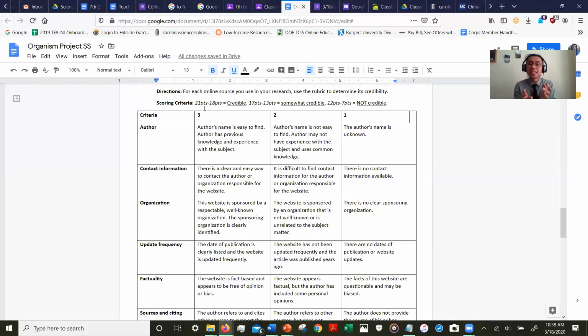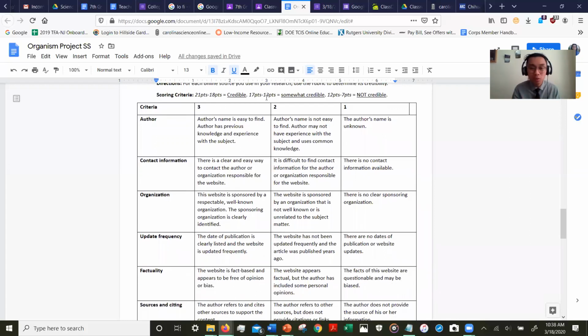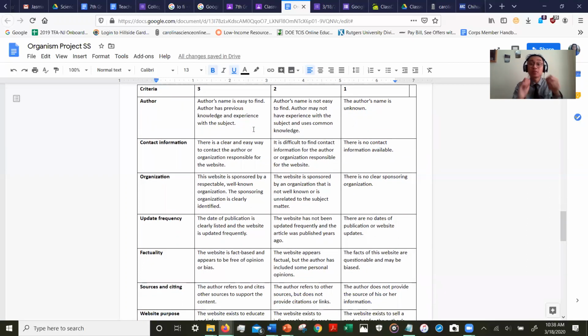Between 21 and 18 points, I say that the source is credible. Between 17 and 13 points, your source is somewhat credible. Between 12 and 7, don't even think about it. So here are the criteria, and please read this on your own time.